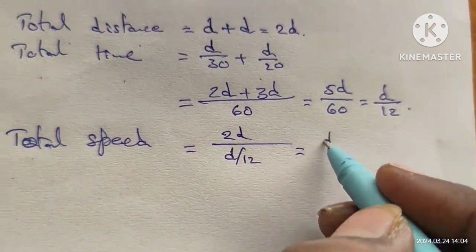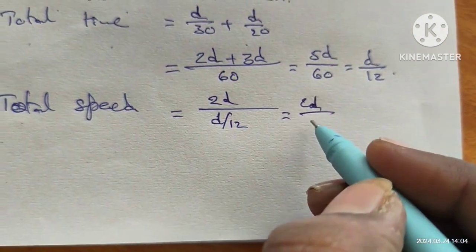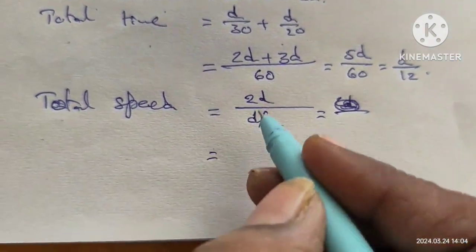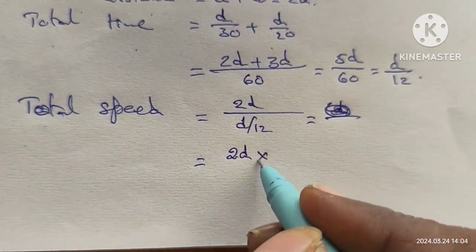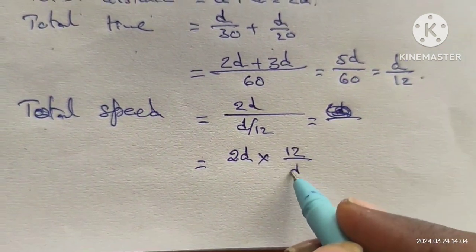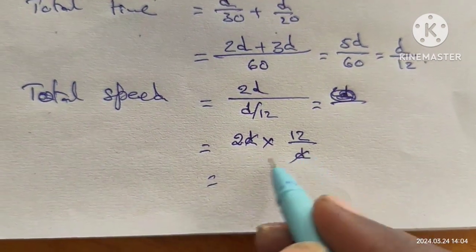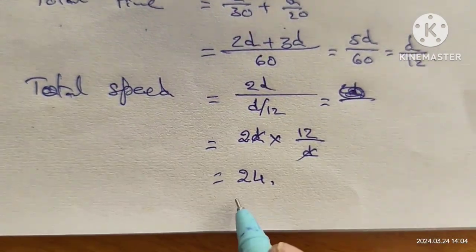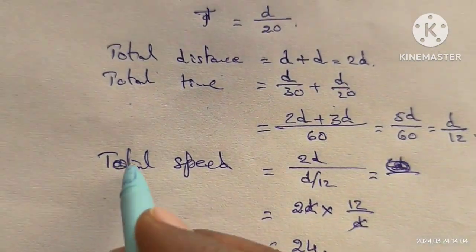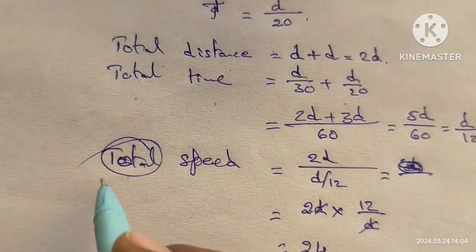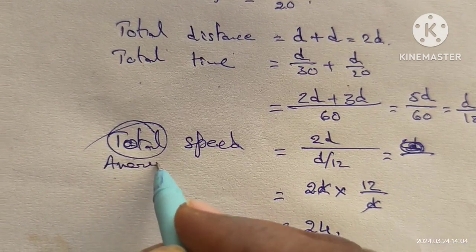That equals 2d divided by d by 12; dividing a fraction, we write the reciprocal: 2d into 12 by d. d and d cancel, 12 twos are 24. So the total speed, it's not called total, it's called average speed.